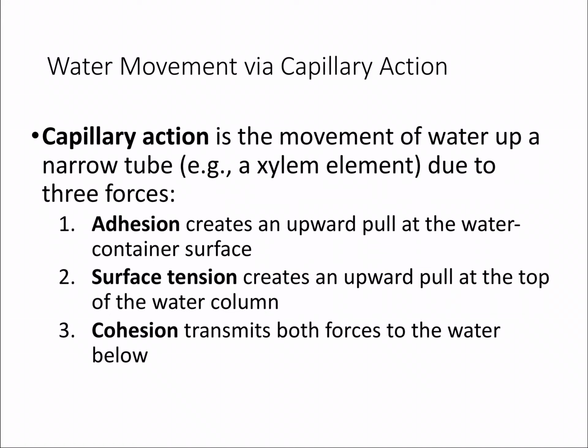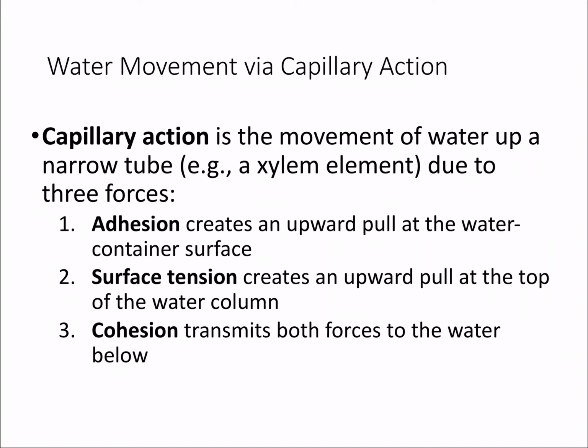What it does is it can stand on the surface of the water because the surface of the water has that surface tension. And it creates that pull at the top of the water column. So surface tension is another example of something that works with capillary action.